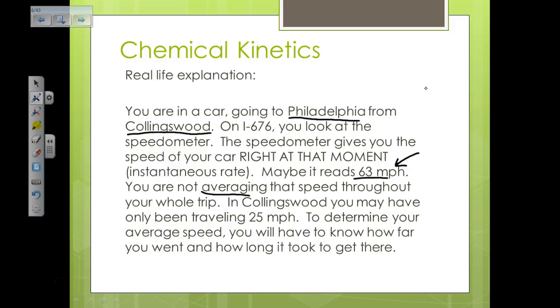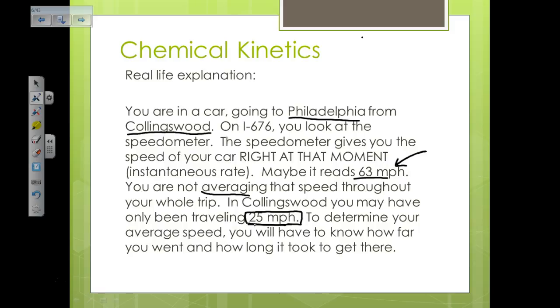In order to find the average speed, you have to find out how fast you were traveling through the whole trip, and then your average speed, because of red lights and whatever, could be 25 miles an hour. You can gather that these two pieces of information both have their value.